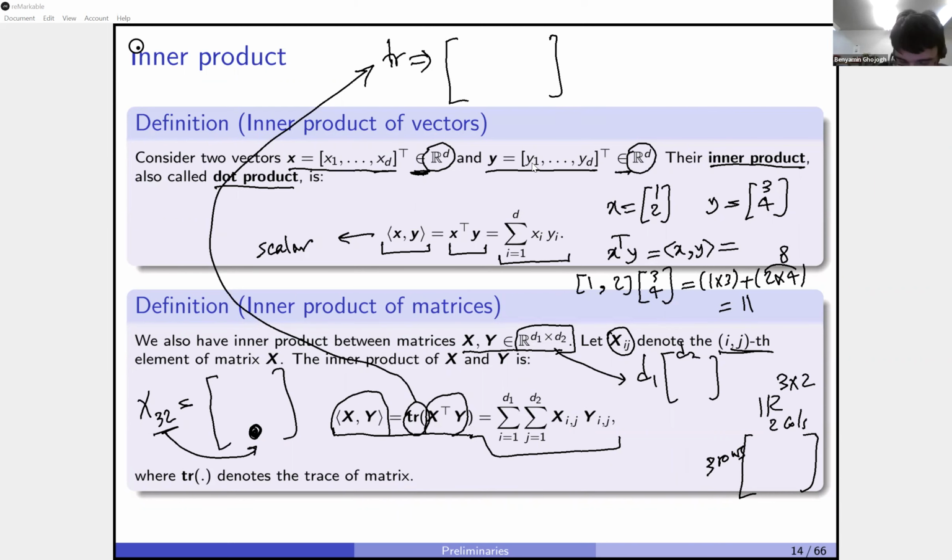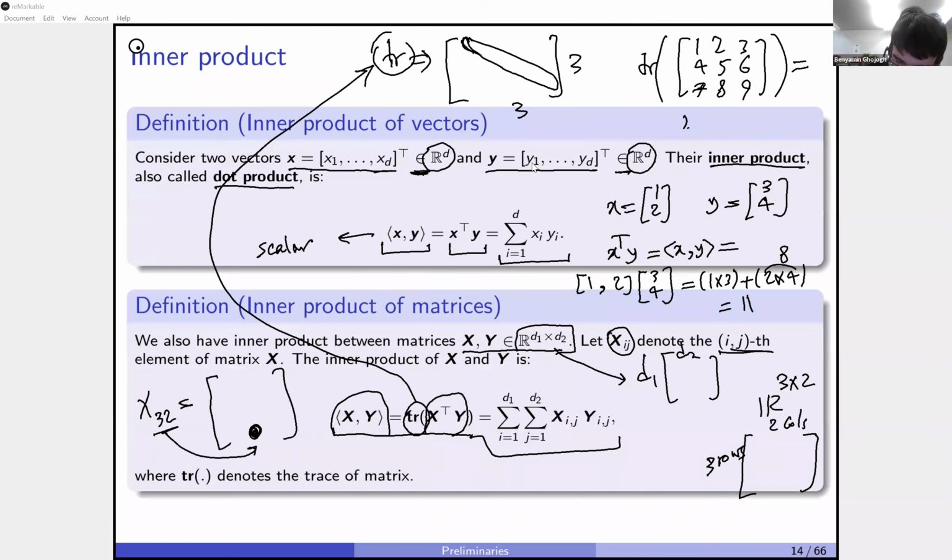Simply, the summation of the diagonal of the matrix, because the input of trace is always a square matrix. If it is 3 rows, 3 columns, or 4 rows, 4 columns, it's a square matrix, and if you sum over the diagonal of the matrix, it gives you the trace. So the trace of, for example, 1, 2, 3, 4, 5, 6, 7, 8, 9 is 1 plus 5 plus 9.